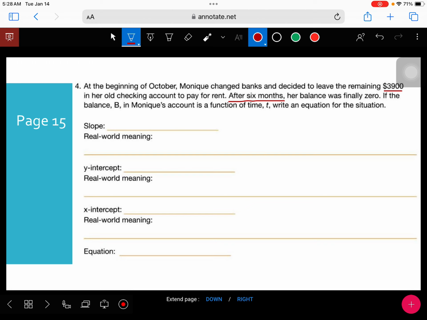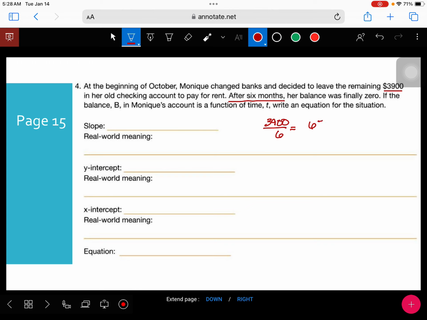So to figure that out, you have $3,900 divided by 6, because after 6 months she is out of money. That is going to be 6 of 6, 36, which is 300.